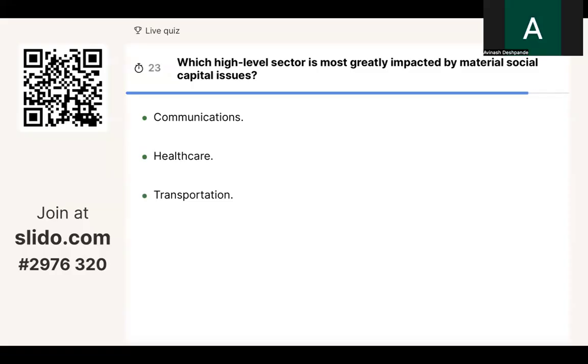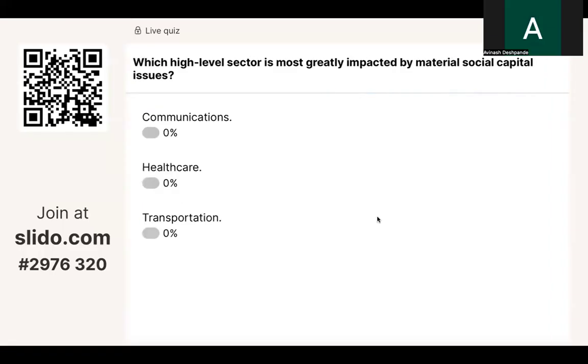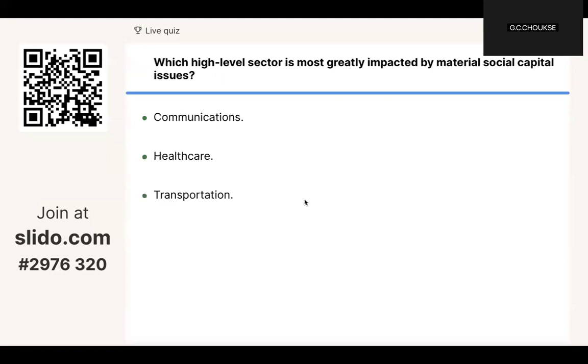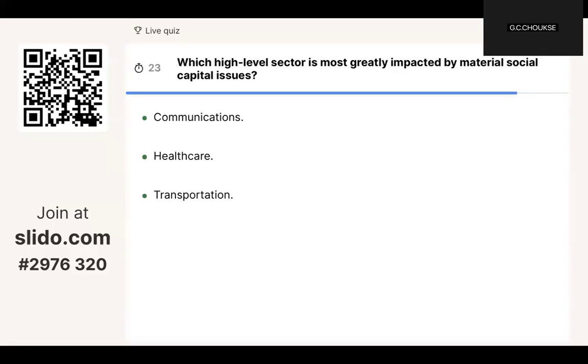Which high-level sector is most greatly impacted by material social capital issues? Communications, healthcare, transportation.